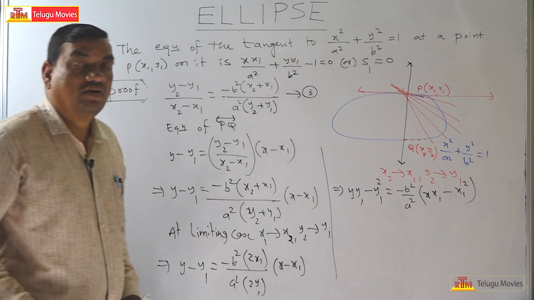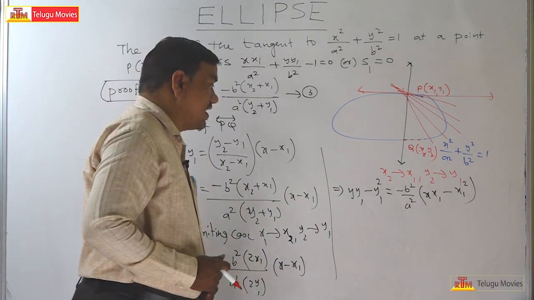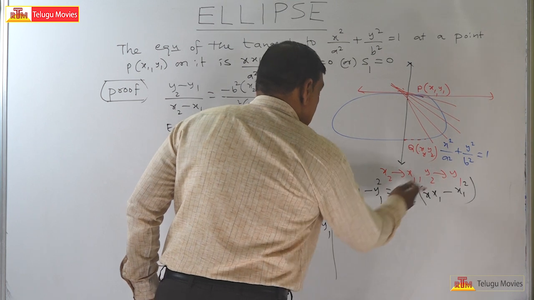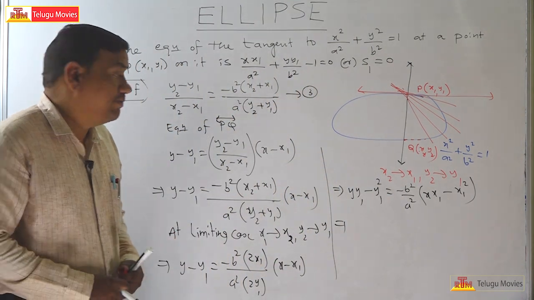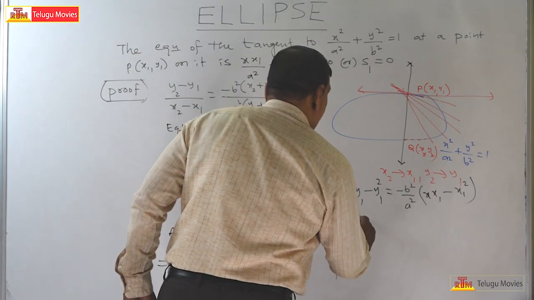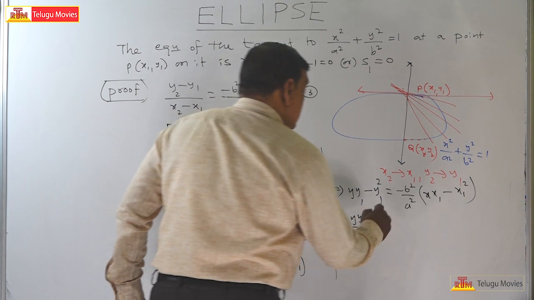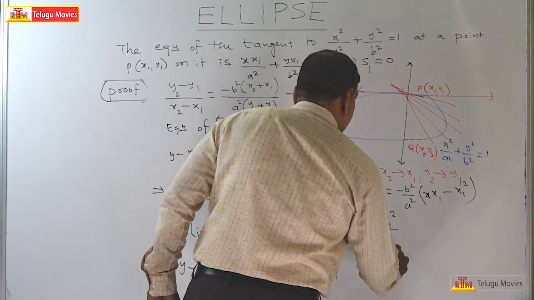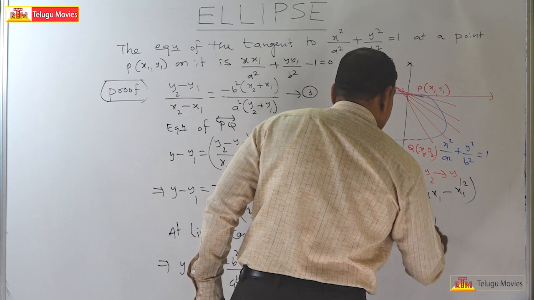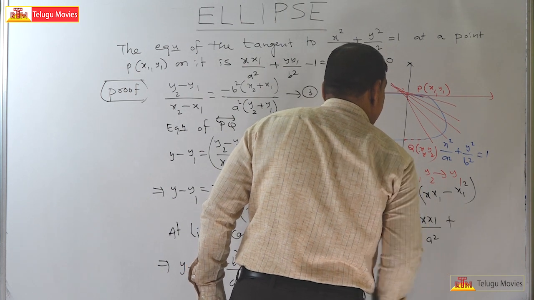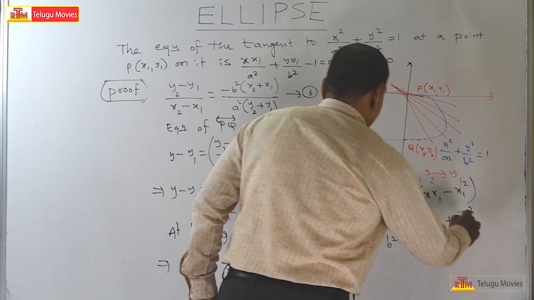Now let us do one more calculation. Take this minus b square to this side, so this is equal to y1 by b square. So this is equal to minus y1 square by b square is equal to minus x1 by a square, minus into minus plus x1 square by a square.